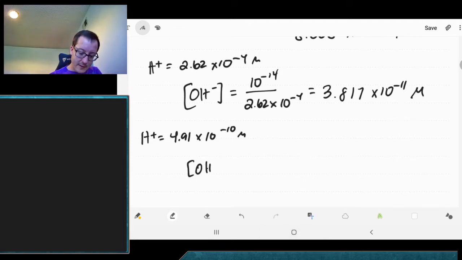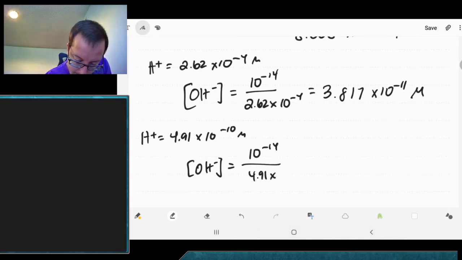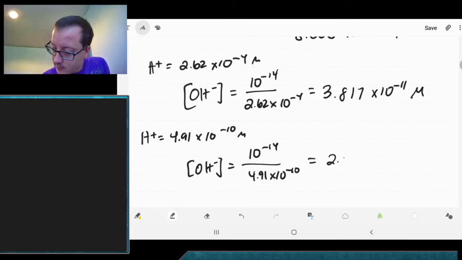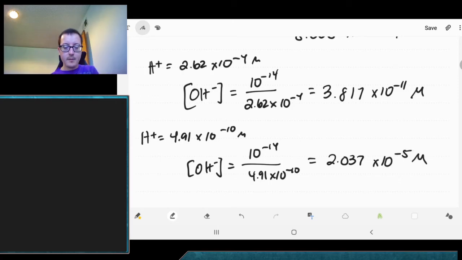So OH minus for this solution is 10 to the minus 14 divided by 4.91 times 10 to the minus 10. I will write that. This time we get 2.037 times 10 to the negative 5 molar.